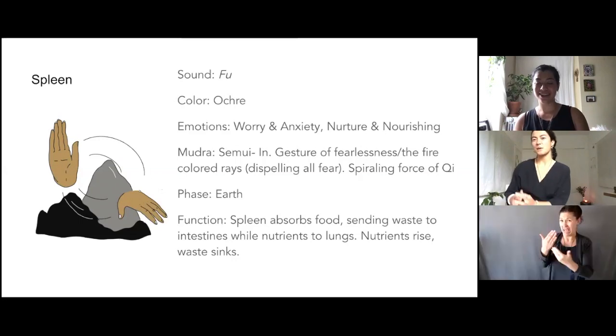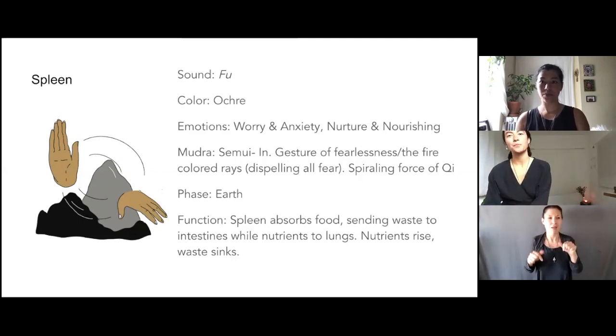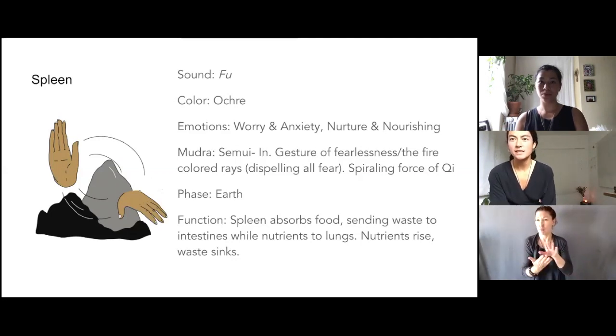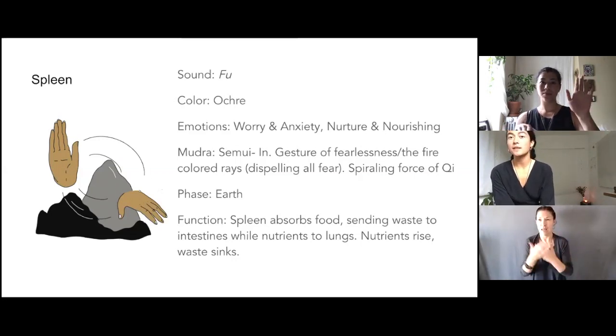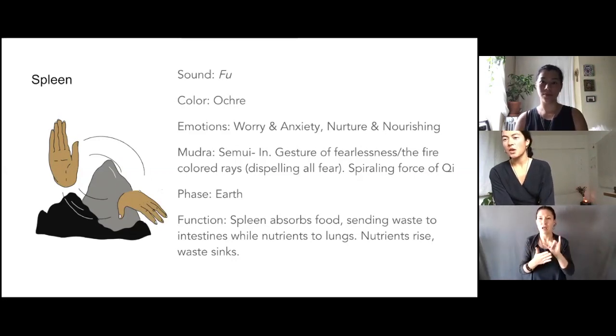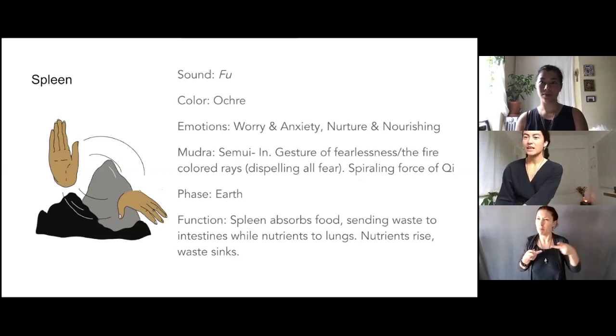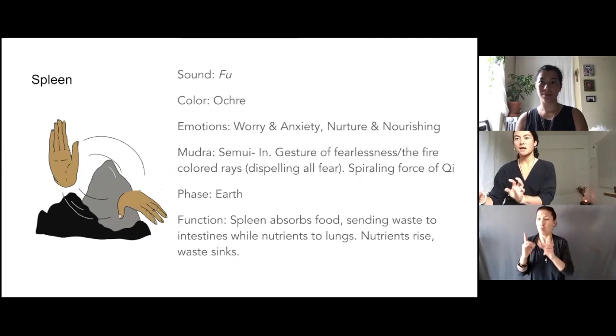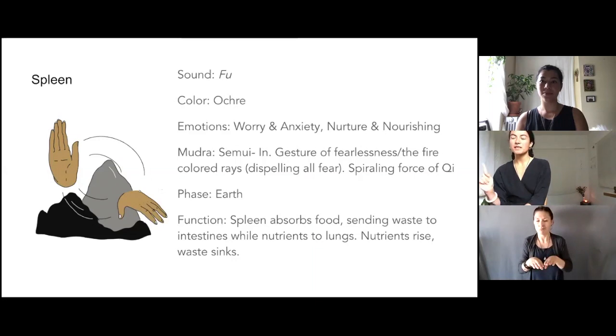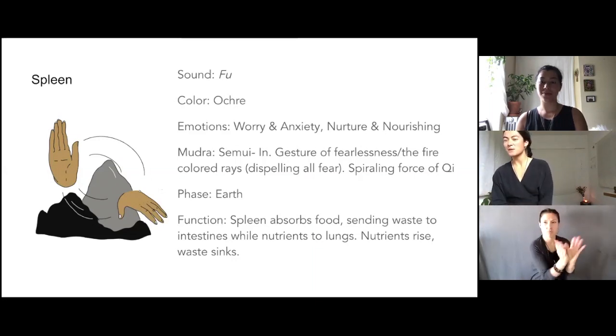Yes, this is a very special mudra. There are many ways to think about it. This mudra, like Singha said, is called dispelling all fear. It is also known as the supreme posture because apparently when the Buddha was born, he took 7 steps, and each step a lotus blossomed. And then he pointed to the sky and the ground and said, between heaven and earth, I am the supreme one.